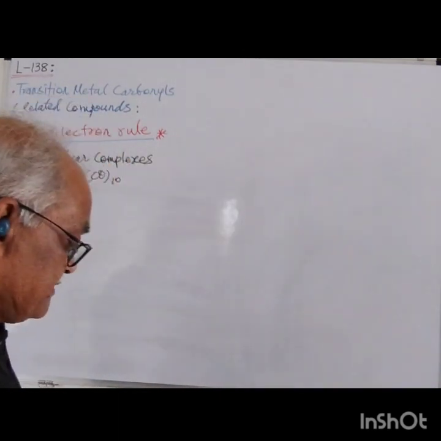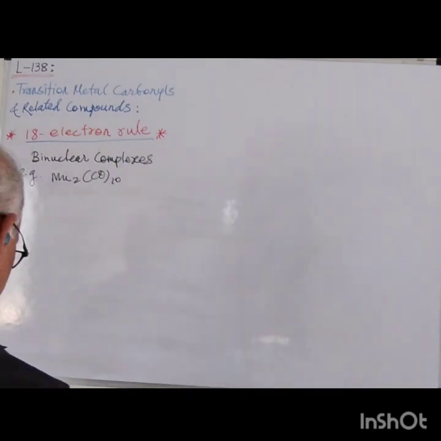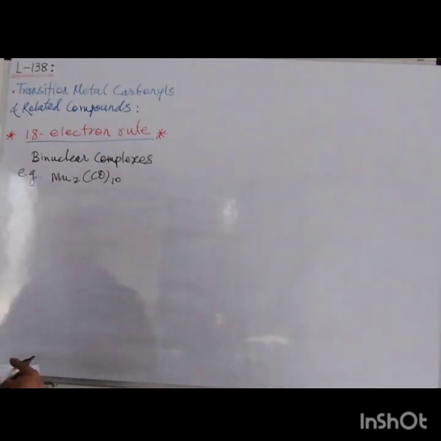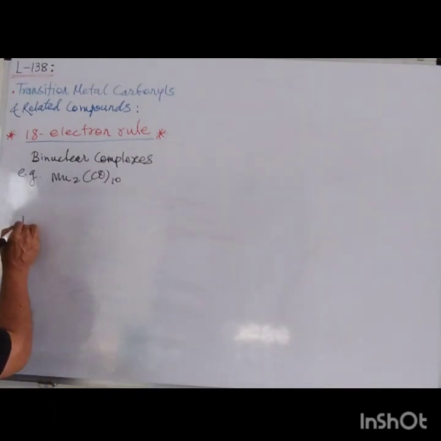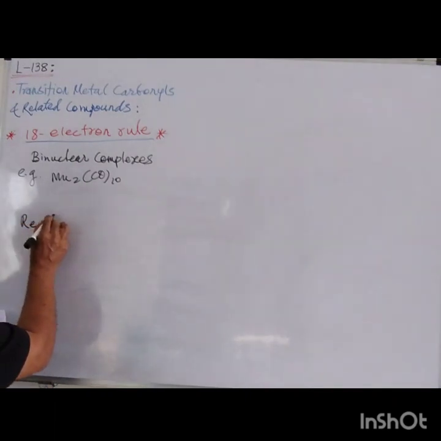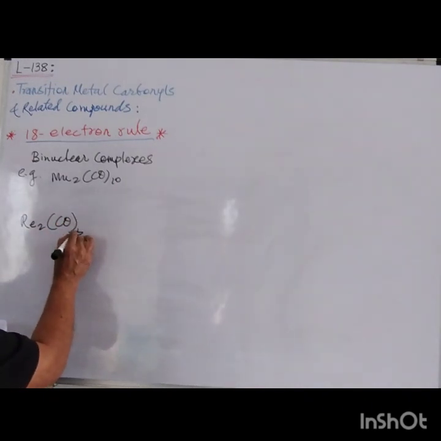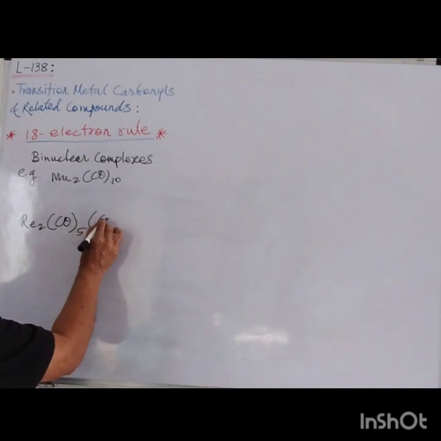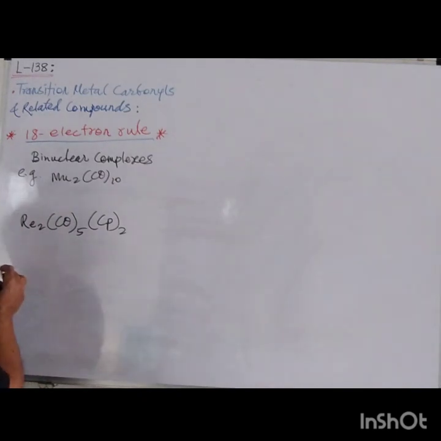Now we will consider another example, that is Re2(CO)5 with cyclopentadiene. So you can see here Re2, CO5, then cyclopentadiene, and this cyclopentadiene.